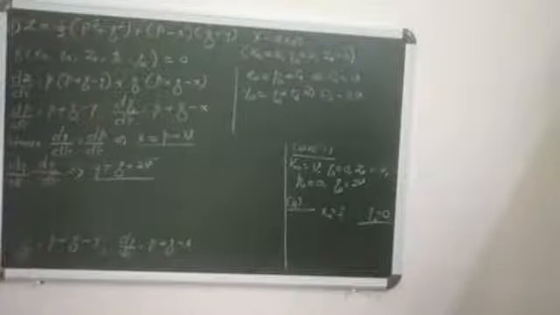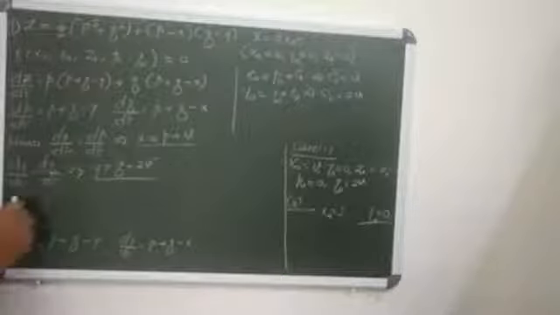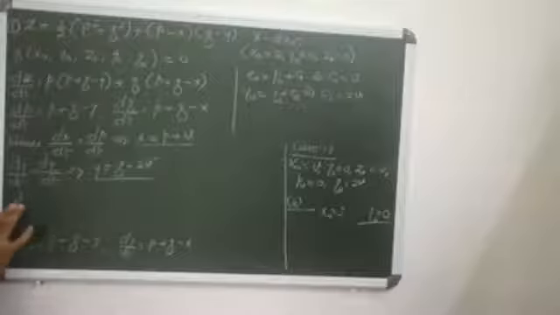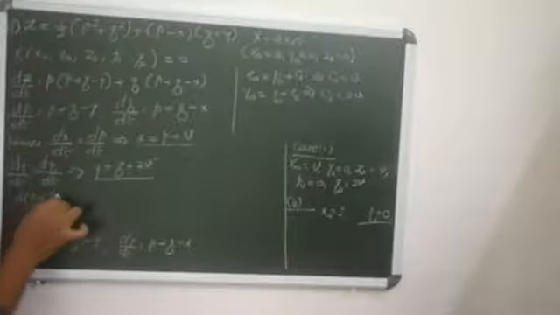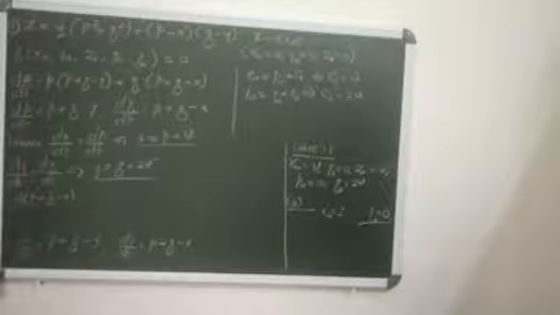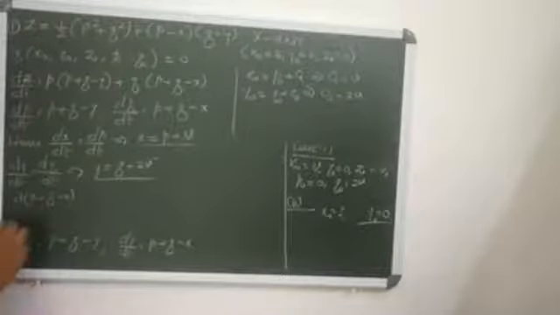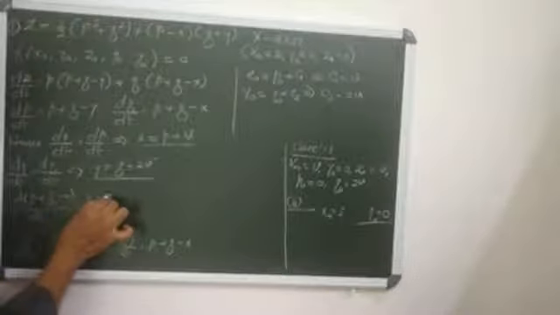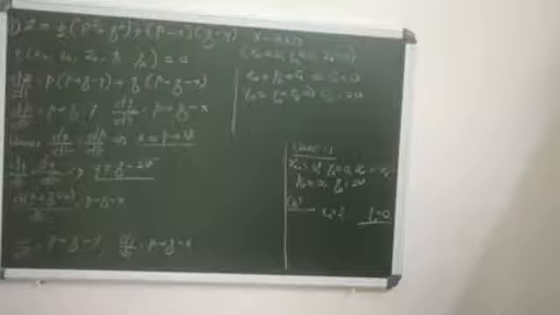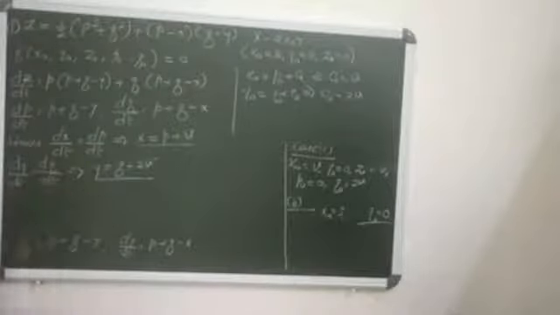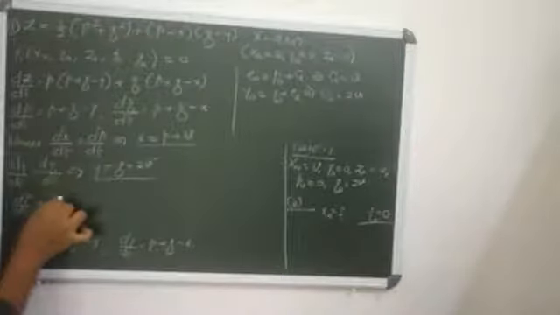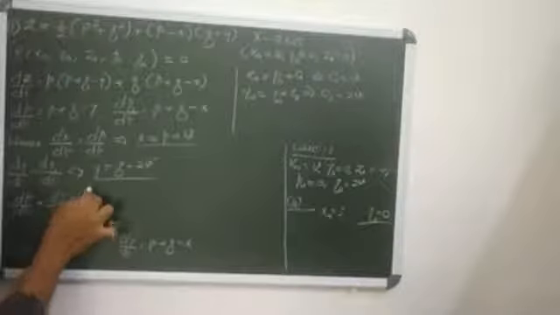Again, what about dp by dt? Consider dp by dt plus dq by dt minus dx by dt.